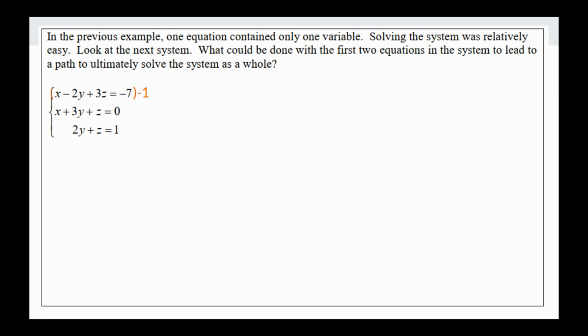So I'm going to multiply the first equation by -1, which is going to change all of the signs in the equation. And then I'm going to add that to the second equation.